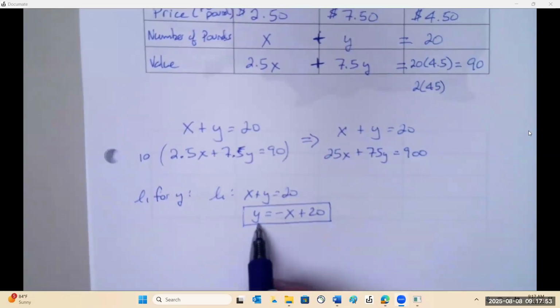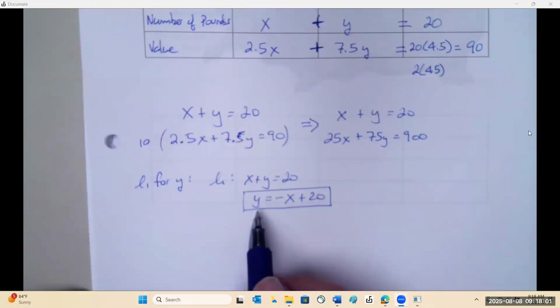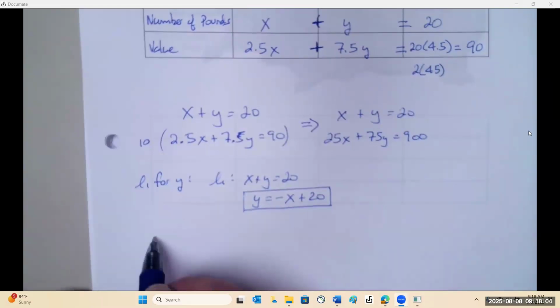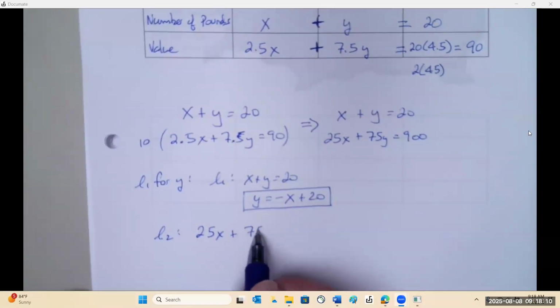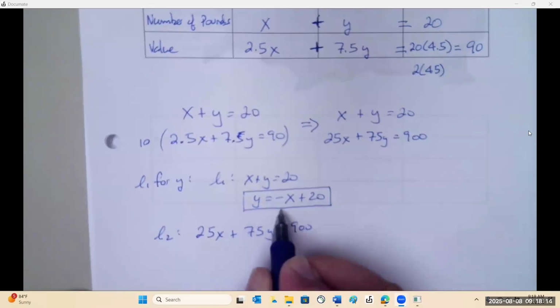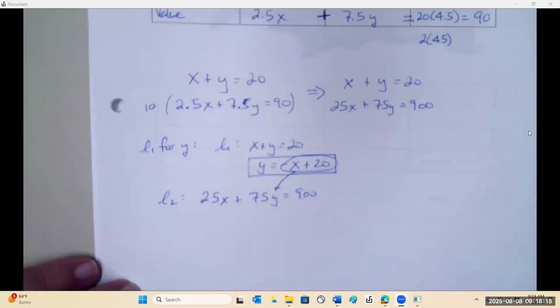What do we do with this equation? Right, now we have to use line 2, which is 25x plus 75y equals 900. Anywhere we see a y, we plug in that equation.